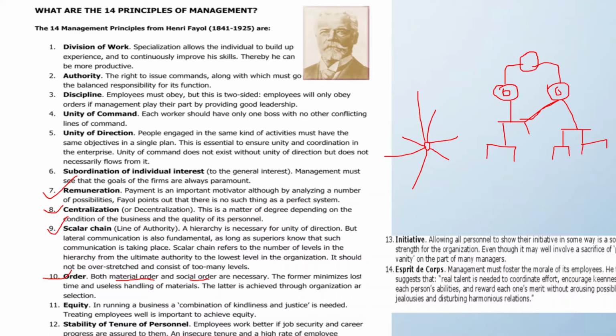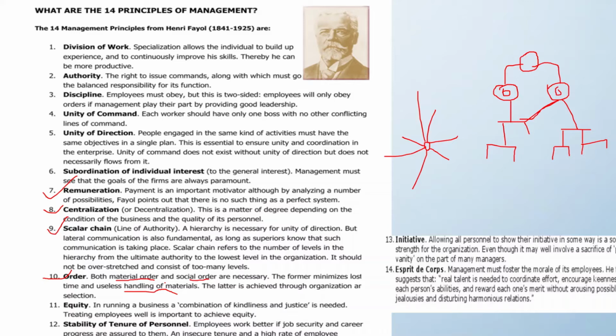So handling the material is important because it minimizes the loss of time and wastages. And the same applies to the human resources as well. We have to handle them effectively, otherwise there will be loss of time and money as well.